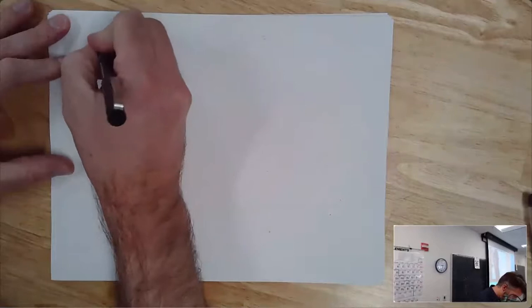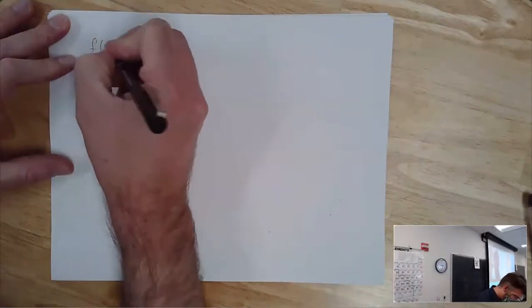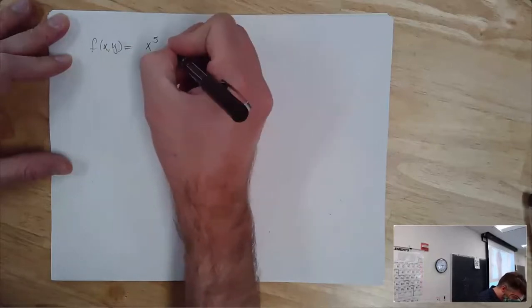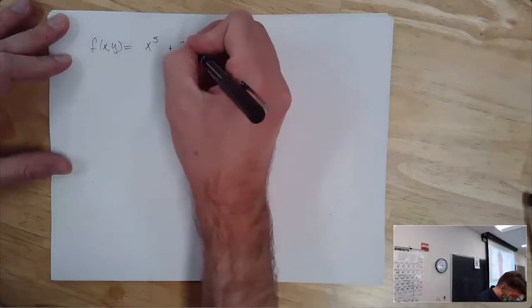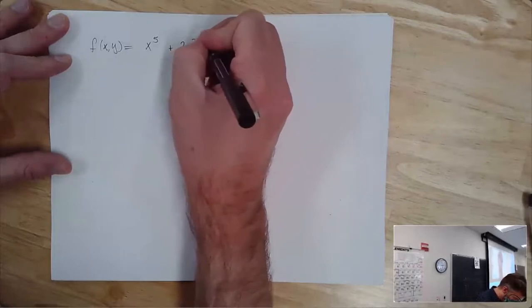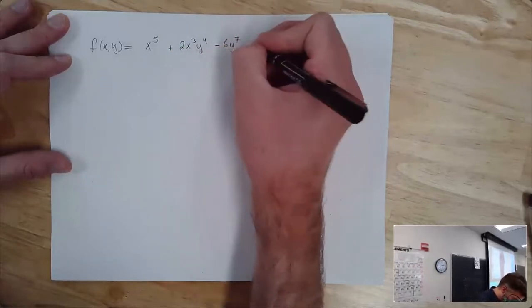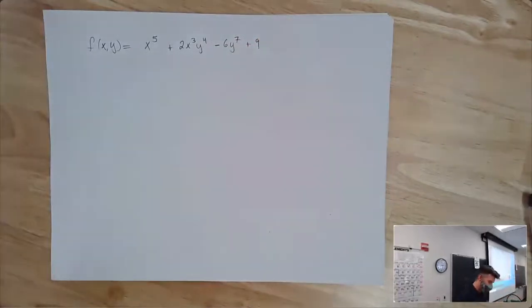Let's say our function was x to the 5th plus 2x cubed y to the 4th minus 6y to the 7th plus 9. And I'm going to find the partial derivatives here.